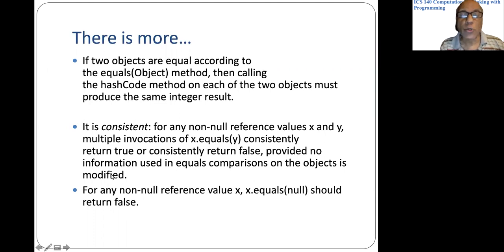One way of ensuring that is to use the Eclipse IDE. You can use the Source menu to generate the hashCode and the equals method. But when you do that, ensure that you are only comparing fields that you want.